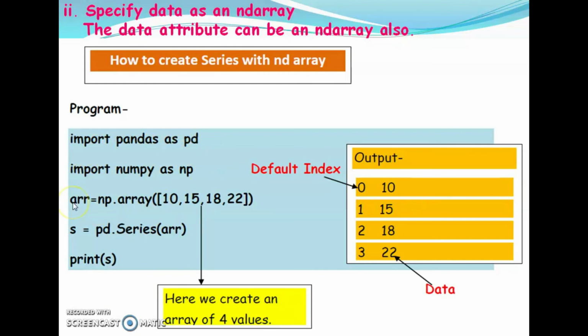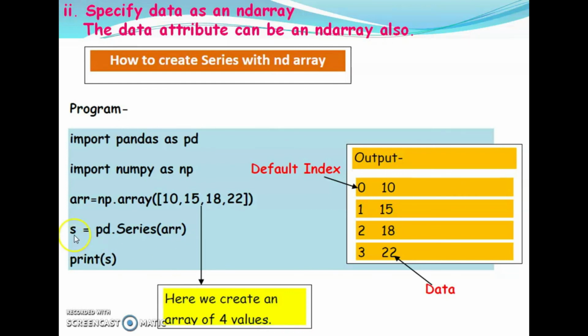Then arr; any variable name we can use here. arr is equal to np.array function. I specified here the values 10, 15, 18, 22. Here we create an array of 4 values. Okay.